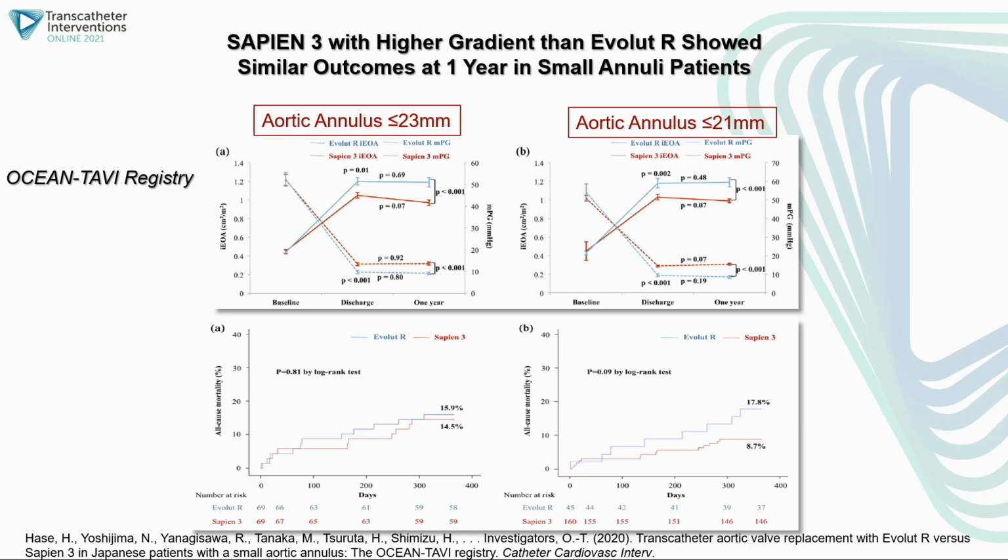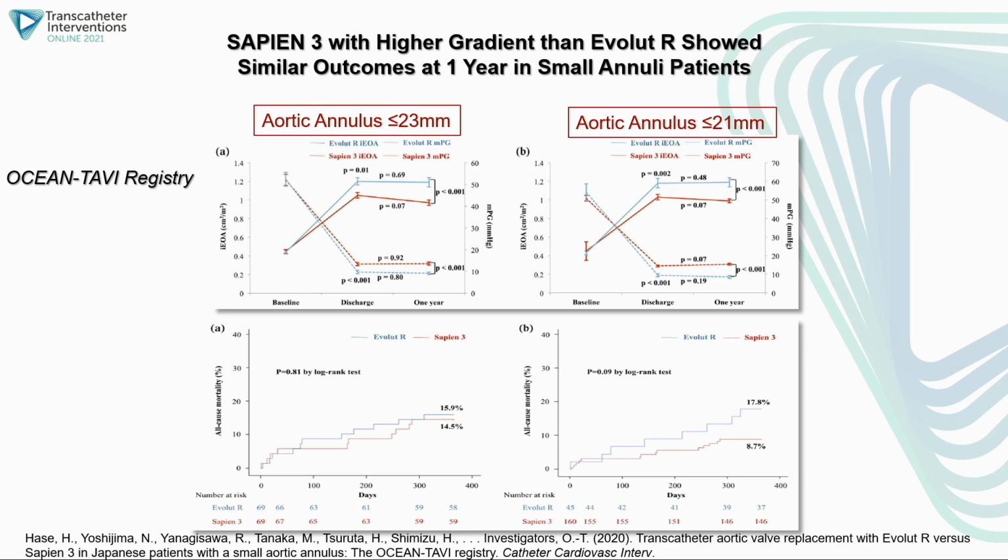In this registry, the investigators looked at patients with a very small annulus, less than 21 millimeters, and a small annulus. You can see the less than 23 on the left panel and less than 21 on the right. Now, this was a study that compared the Evolute with the Sapien in a real-world style.